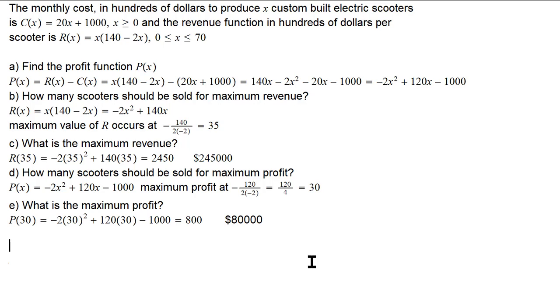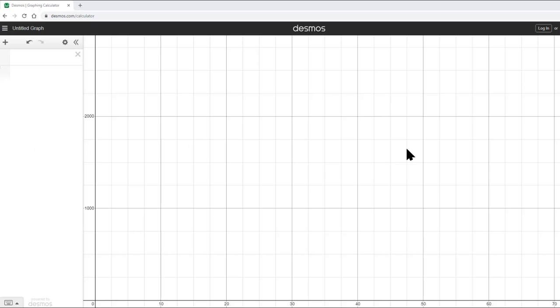Now, if we go ahead and graph it, then for graphing I'm going to use Desmos. You can just Google Desmos, at this time, November 2020, and you should be able to find this graphing calculator.